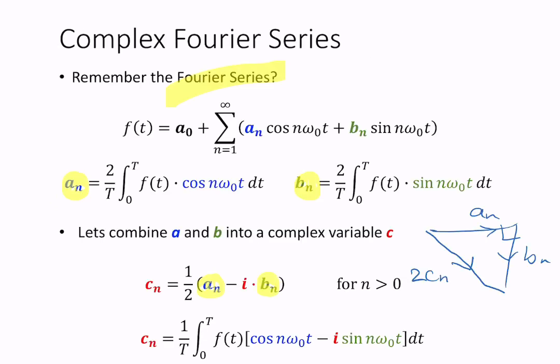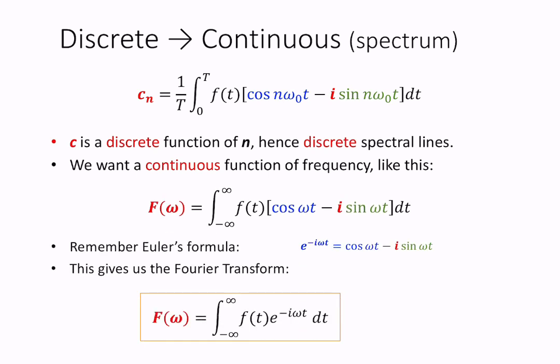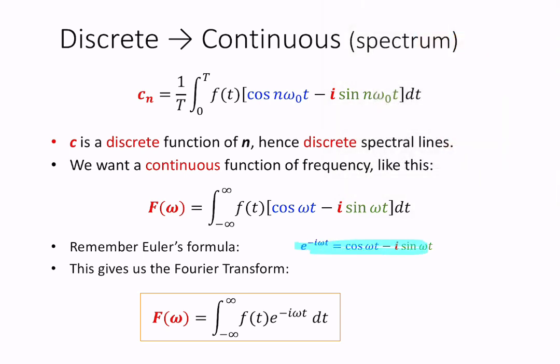So now I can join these two together, and somehow using the Euler exponential expression, we can now represent f of t in a different domain, f of omega, where omega is frequency in radians per second.